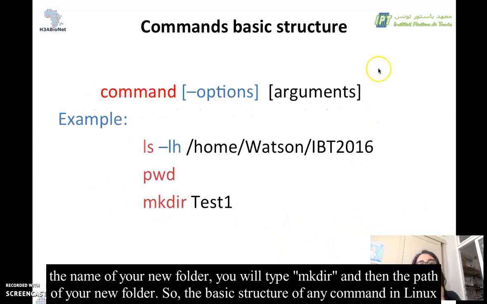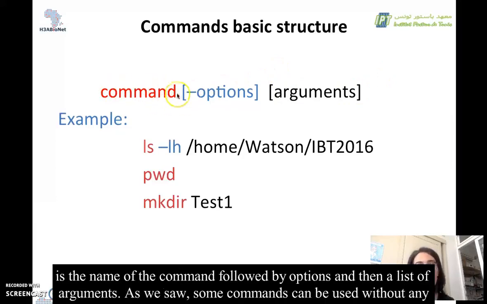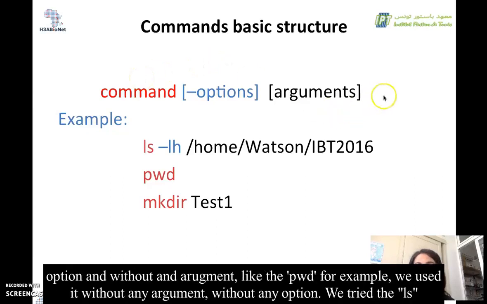So the basic structure of any command in Linux is the name of the command followed by options and then a list of arguments. As we saw, some commands can be used without any option and without any argument, like the pwd, for example. We used it without any argument, without any option.